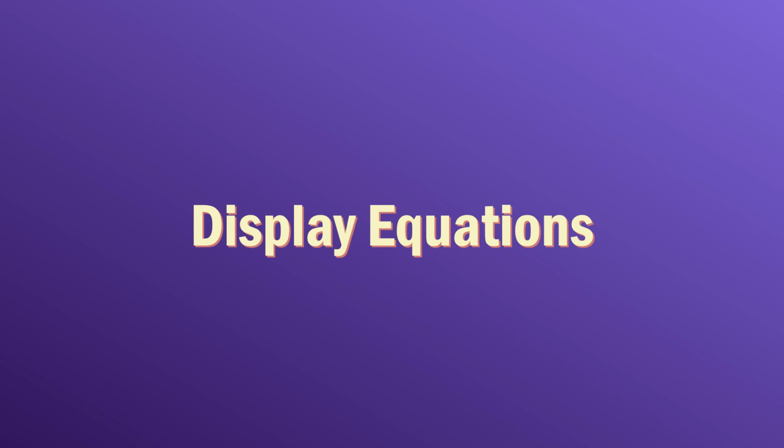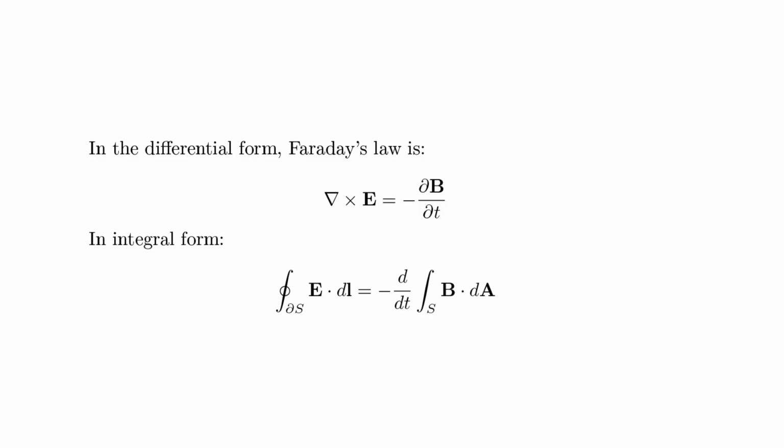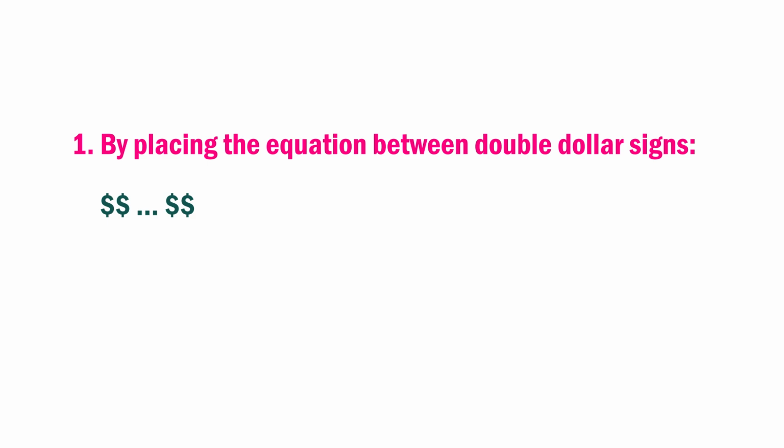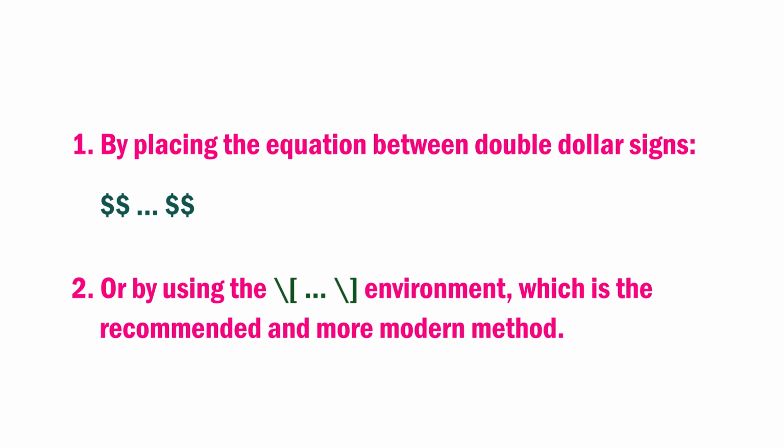Display equations. In LaTeX, display equations, that is equations on their own line, can be written in two ways. First, by placing the equation between double dollar signs. The second method is to use the \[ square bracket \] environment, which is the recommended and more modern method.